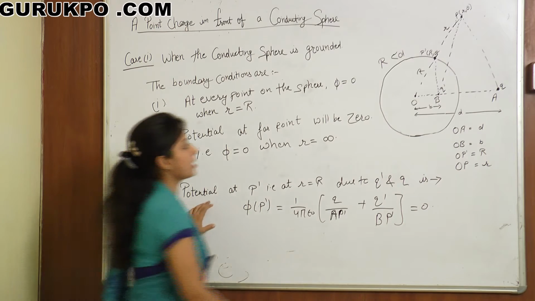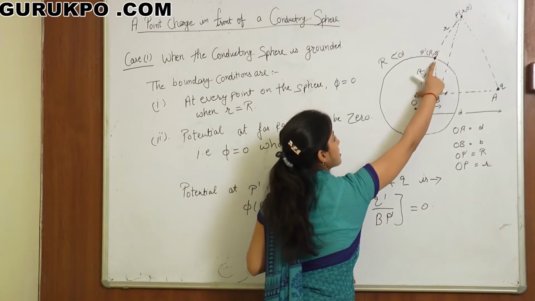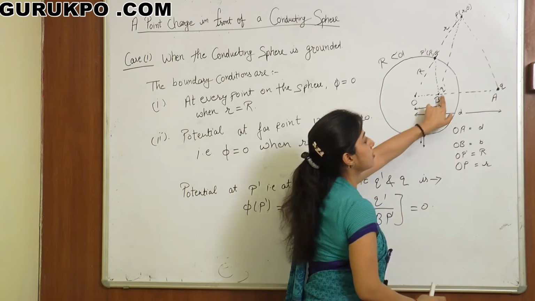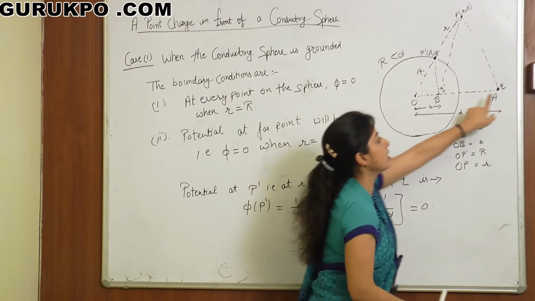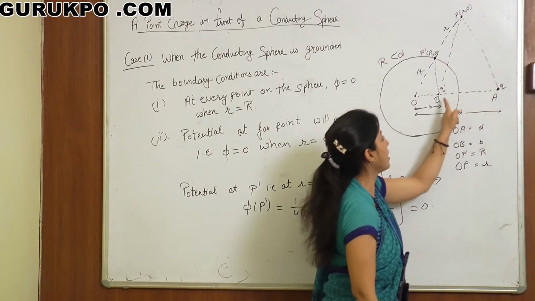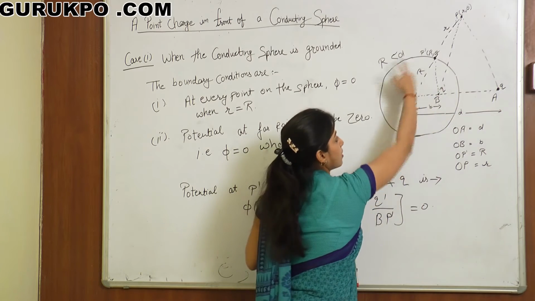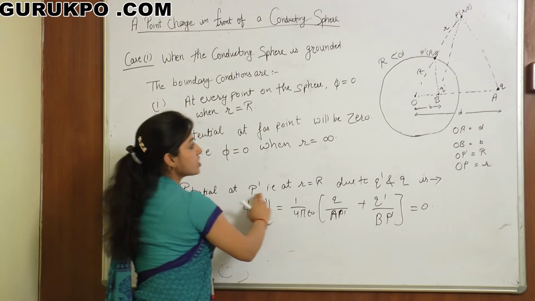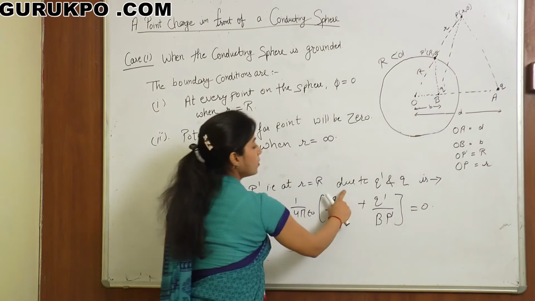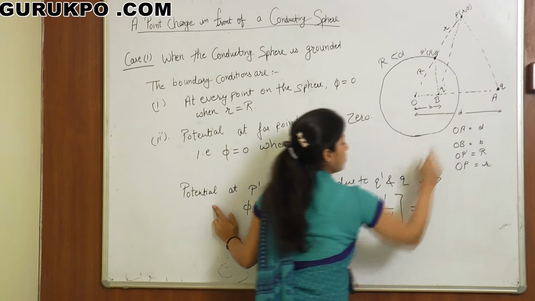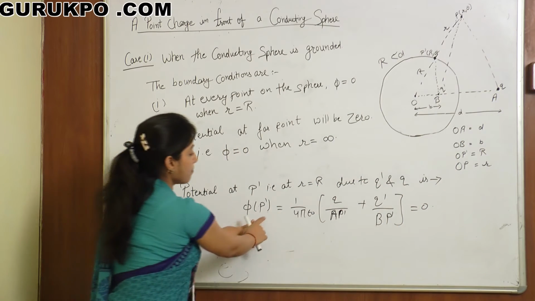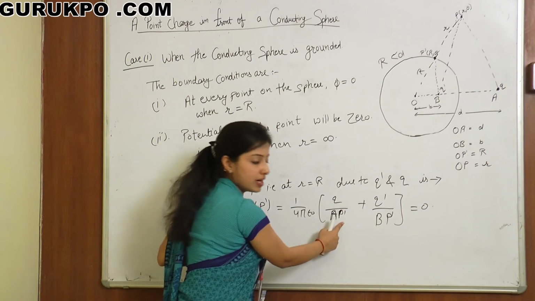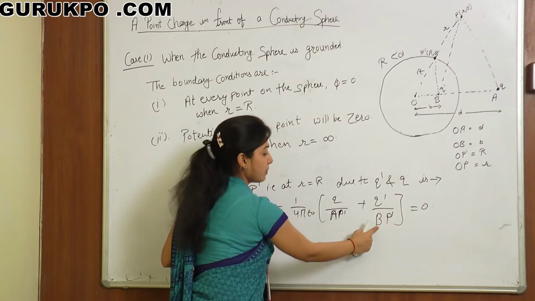Now the potential at point P dash, that is at a distance R from the center O, due to Q dash, the image of this charge Q at a point B inside the conducting sphere, and the potential at point P dash due to Q dash and Q will be phi P dash equals 1 upon 4 pi epsilon naught times Q upon AP dash plus Q dash upon BP dash.